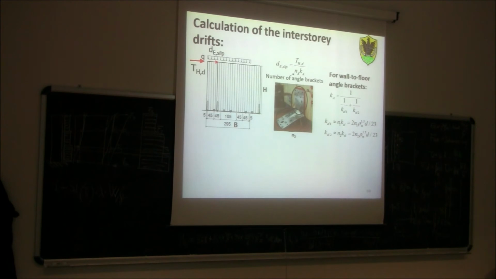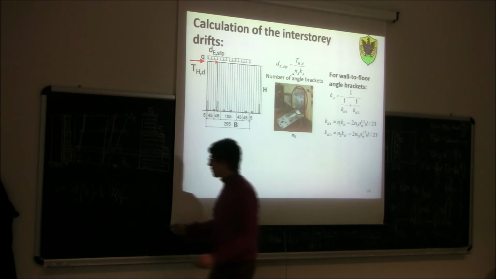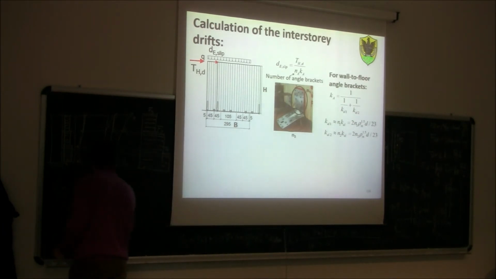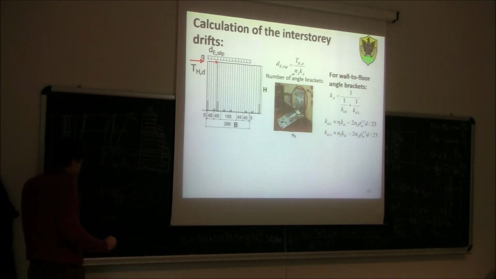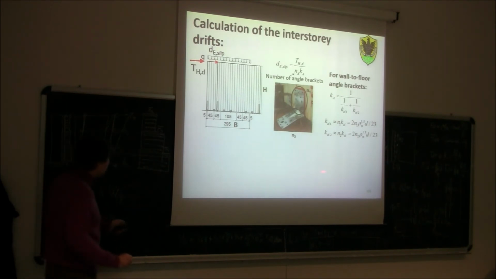In this case, we have a system like having two springs in series, where one spring schematizes the nail connection with the wall, and the other spring schematizes the nail connection of the other bracket with the floor.